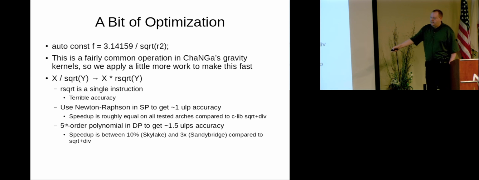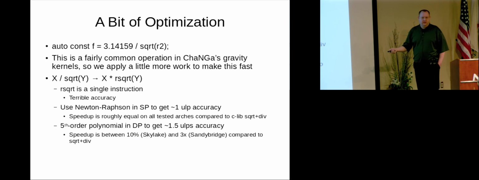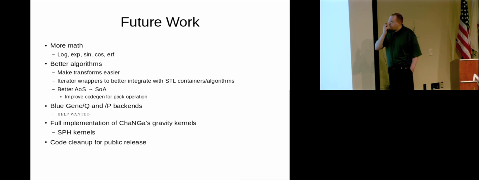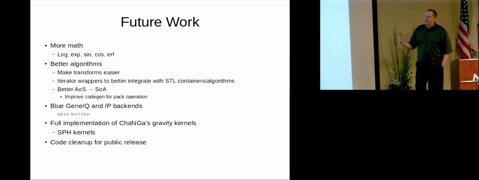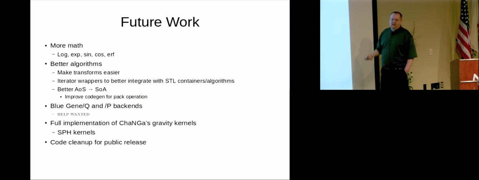There is actually a reciprocal square root benchmark, where I got most of this code, that can help you determine whether or not this is going to be any good for you. And of course, you have to test your own software, right? If it turns out the reciprocal square root is not the thing that's taking up most of your time in the kernels, then this is not going to be of much use, but it's there.